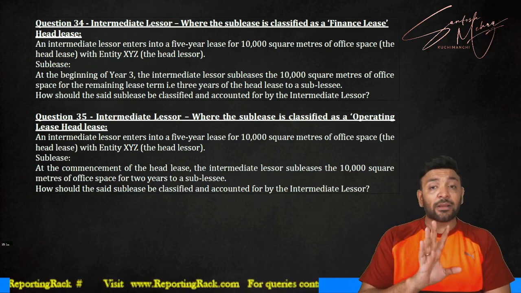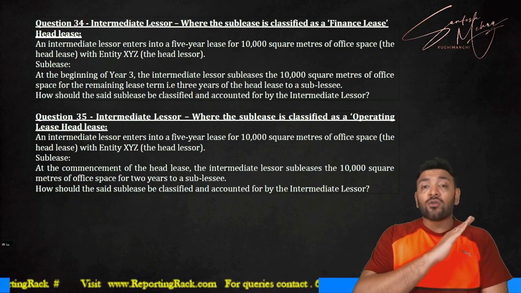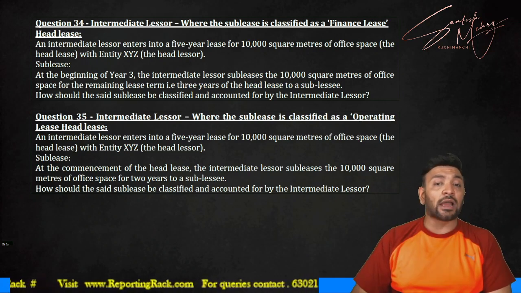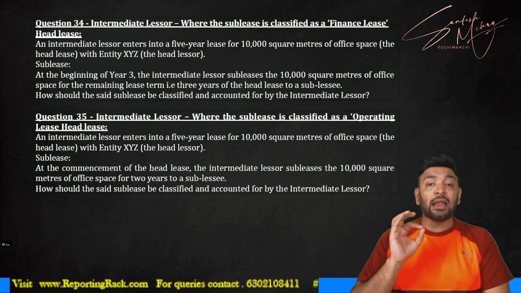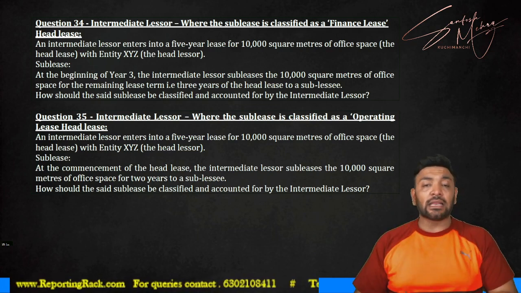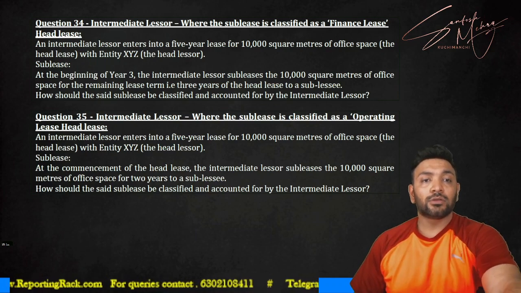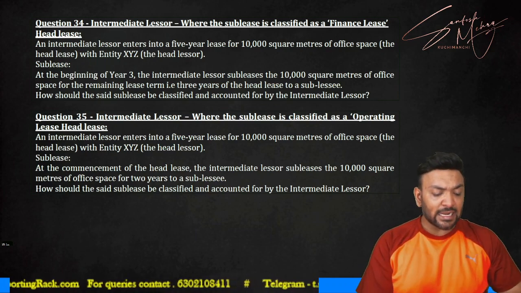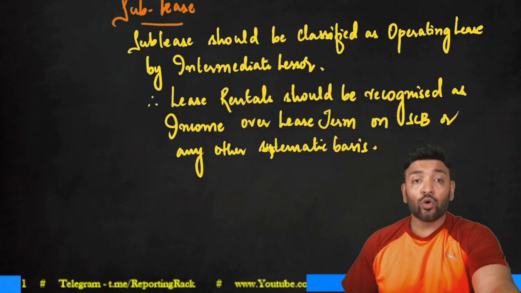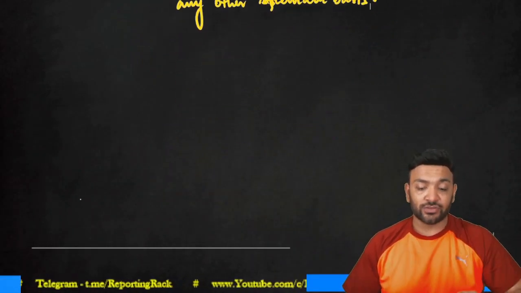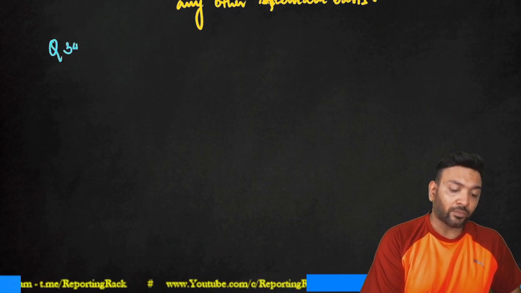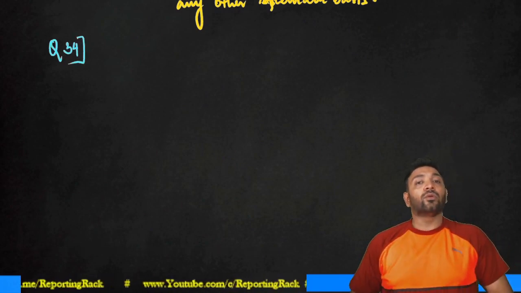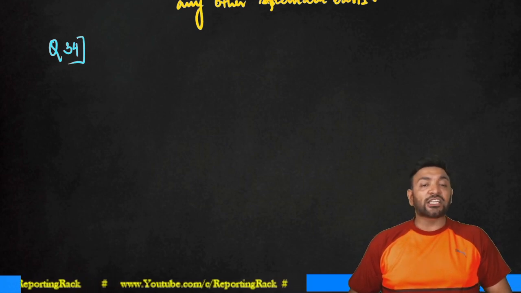So therefore, this can be concluded as a finance lease because over the remaining lease term, it will be leased out as sublease. How should the sublease be classified and accounted for by the intermediate lessor? So, guys, initial recognition is still the same. Only the sublease recognition will change.